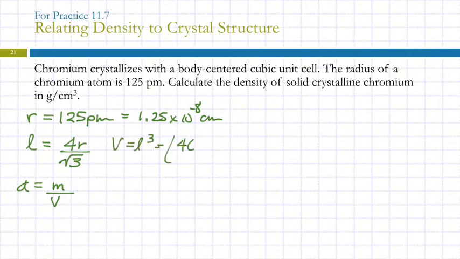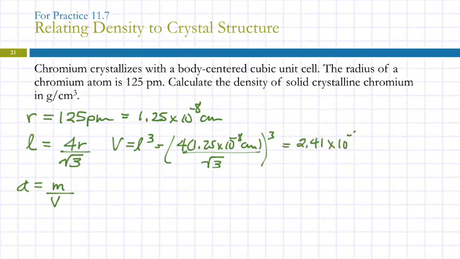So that's 4 times 1.25 times 10 to the minus 8 centimeters over the square root of 3, quantity cubed. So we could calculate that. 2.41 times 10 to the minus 23rd. So great, that's our volume.